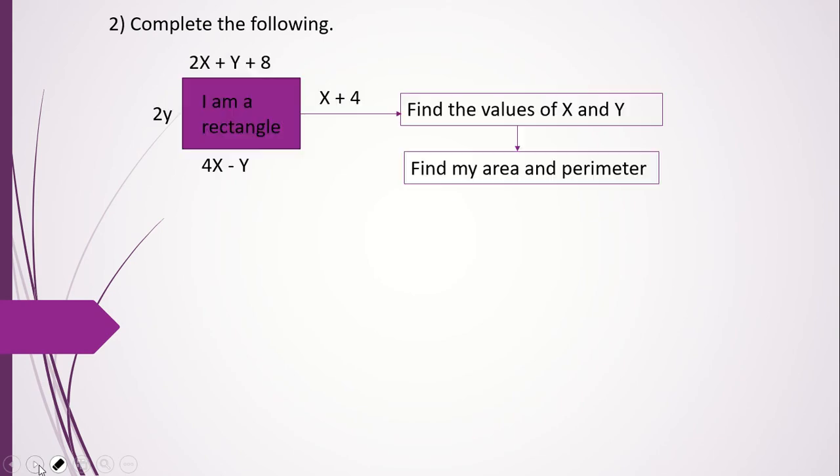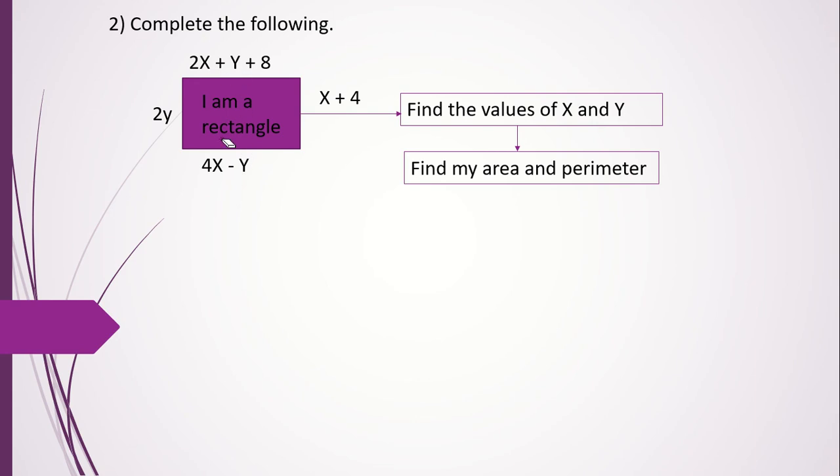Next sum, they have given you a diagram. This is Mr. Rectangle. He is saying I am a rectangle. Find the values of x and y. Find my area and perimeter. Now we know the properties of rectangle, since 5th, 7th standard we are learning.